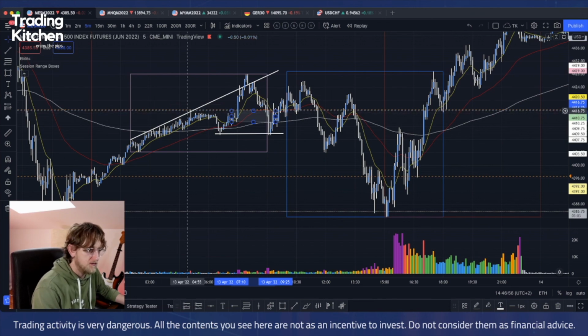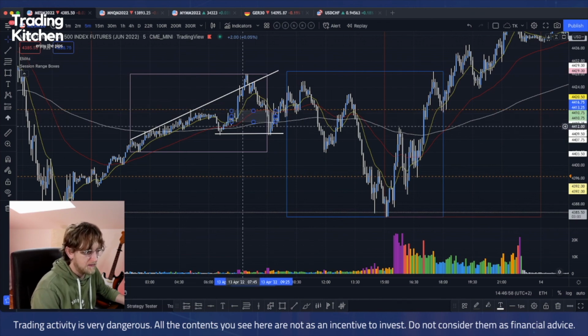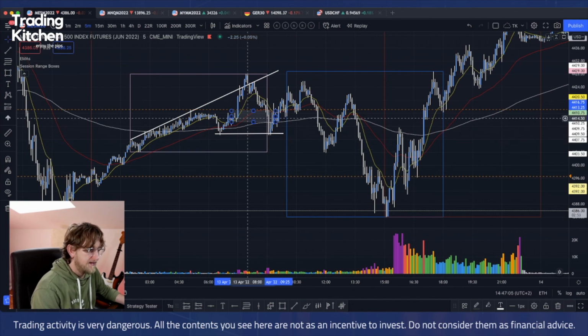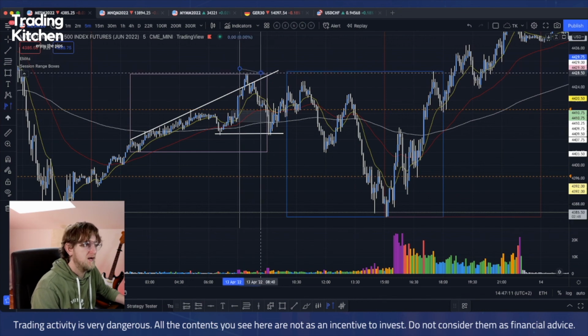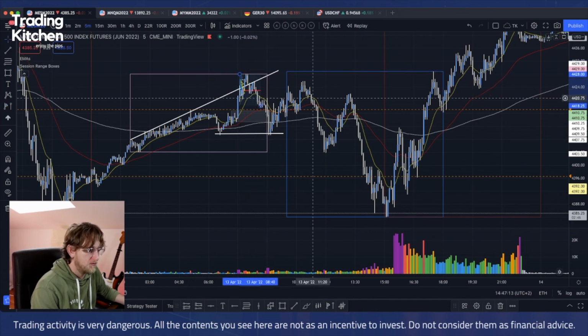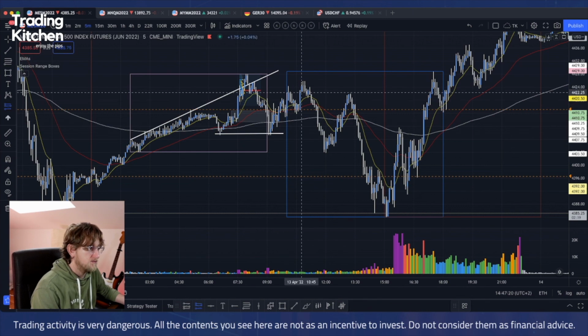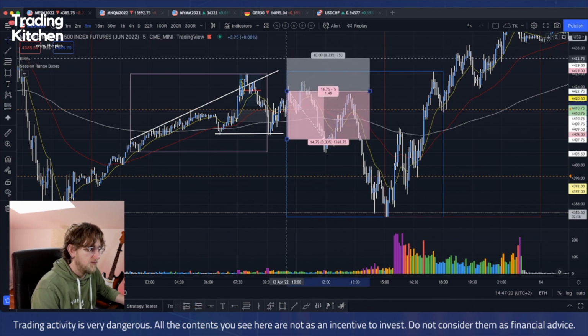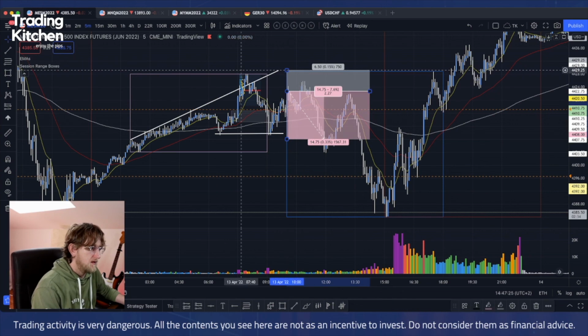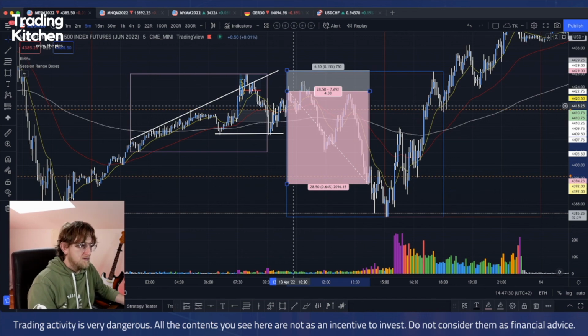So price broke this dominance, retested this value area from which all the impulse had been created. So we're going to go short here, stop loss just above this high, and same old story.